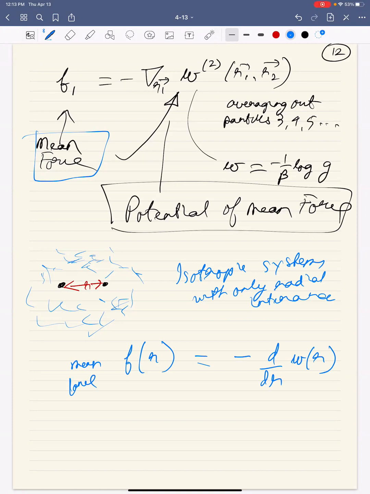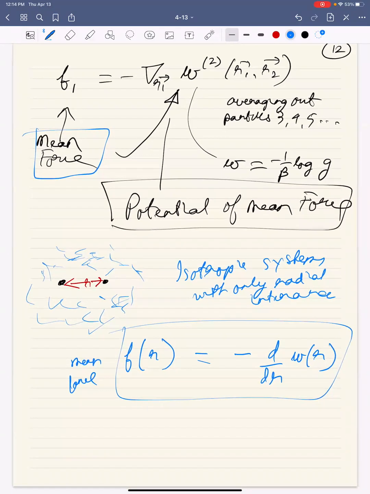Okay, that's the key idea over here. And now we can write down, so what is w? So w is, yeah, I don't think we need to write down anything.